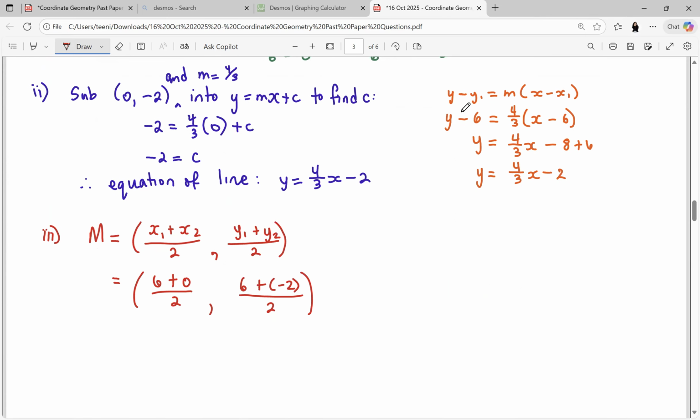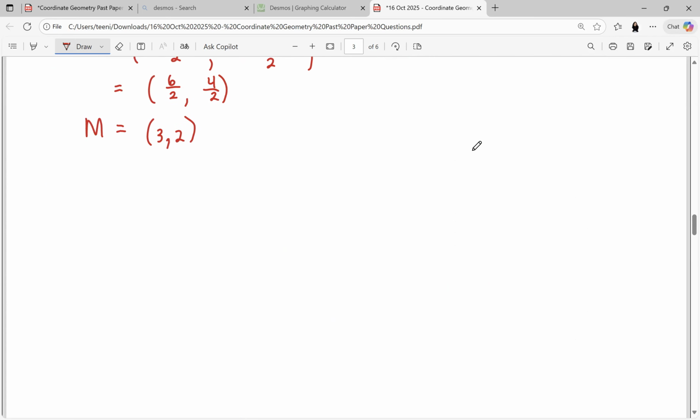So working that out, that gives me 6 plus 0 is 6 over 2. And then the other one, 6 plus minus 2 would be 6 minus 2, which is 4 over 2. So therefore, the coordinates of the midpoint will be 6 over 2. So 6 divided by 2 is 3, and 4 divided by 2 is 2. So the coordinates of the midpoint is 3, 2.